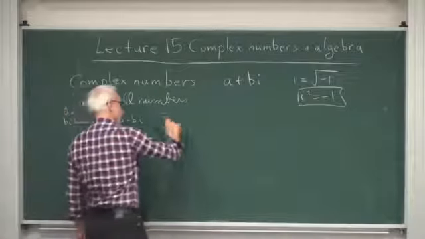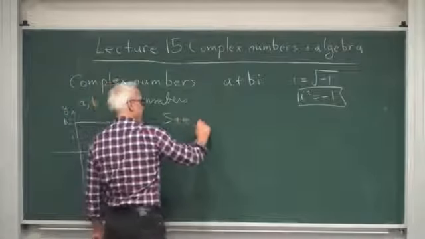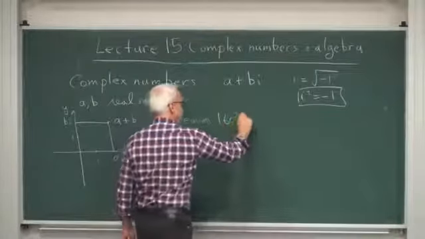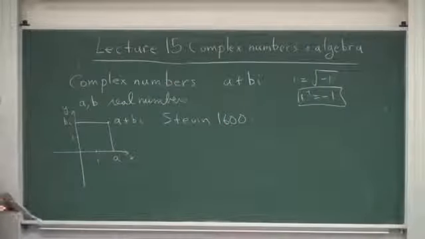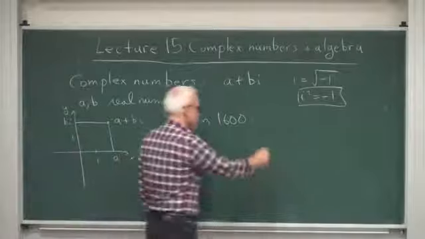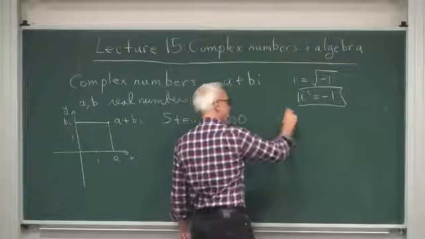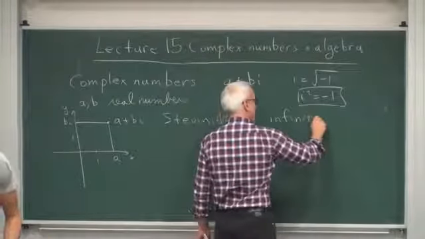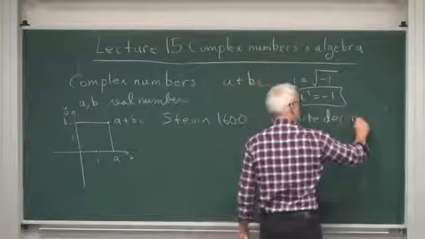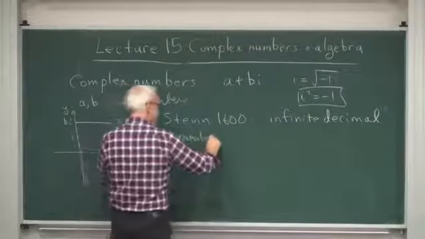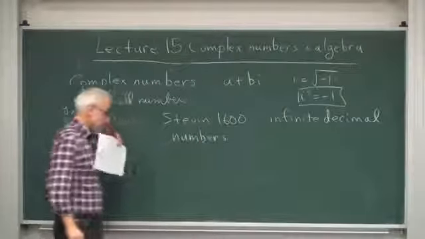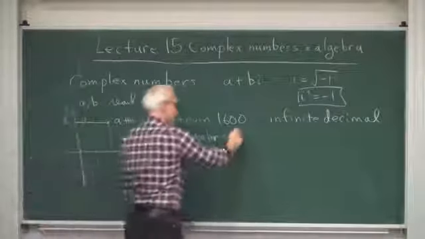So I suppose we should start with Stevin, who around 1600 introduced the essentially modern concept of a real number. So he introduced infinite decimals, which then subsequently were called real numbers.